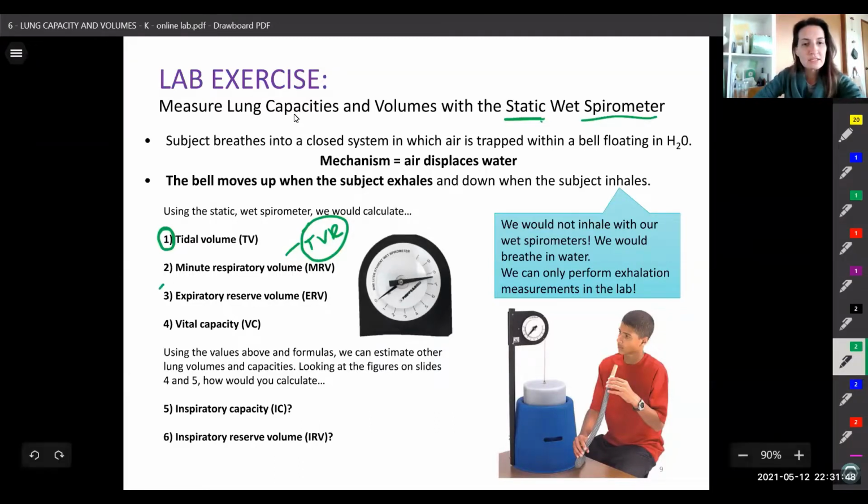And then the expiratory reserve volume, the extra amount of air that you can exhale after a normal exhalation, can be done using a wet spirometer, given that it's exhalation. And vital capacity.